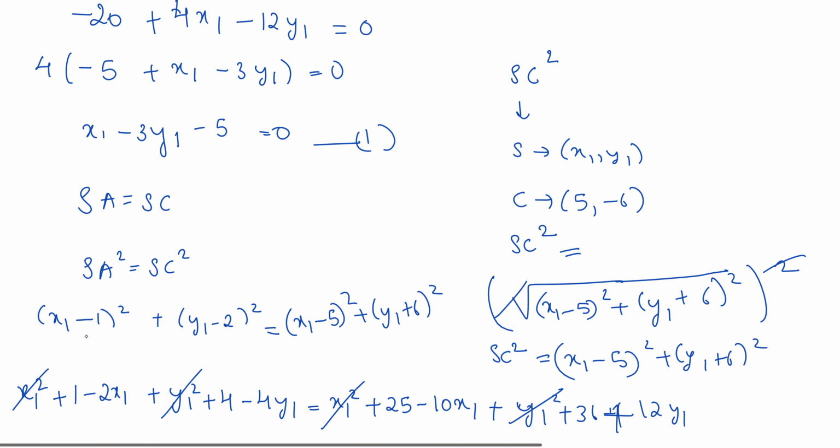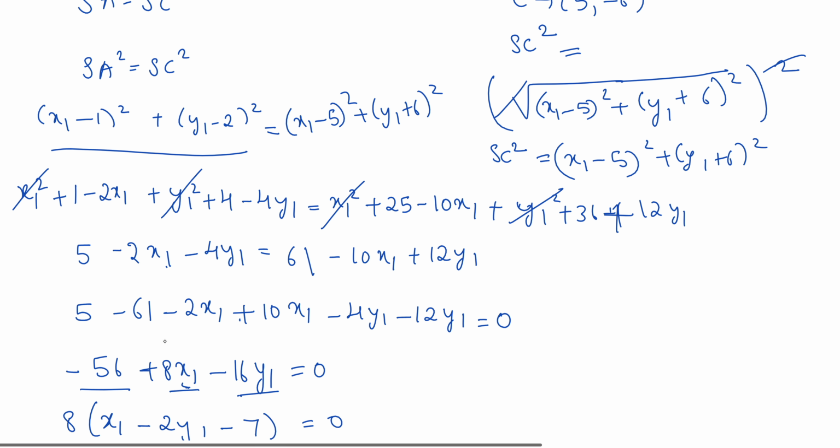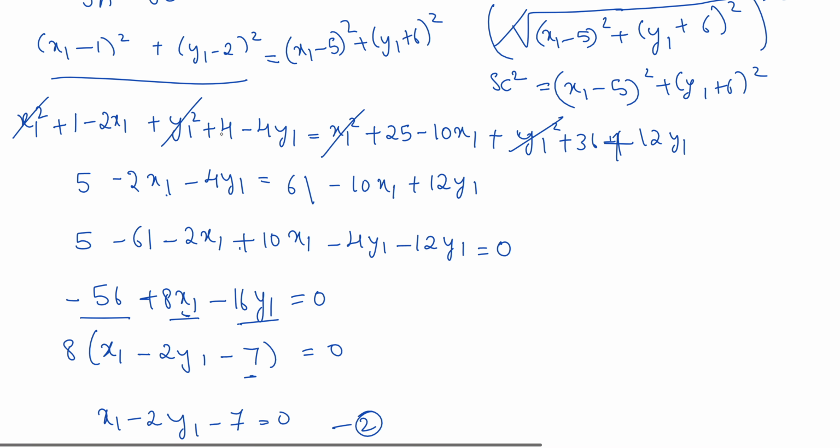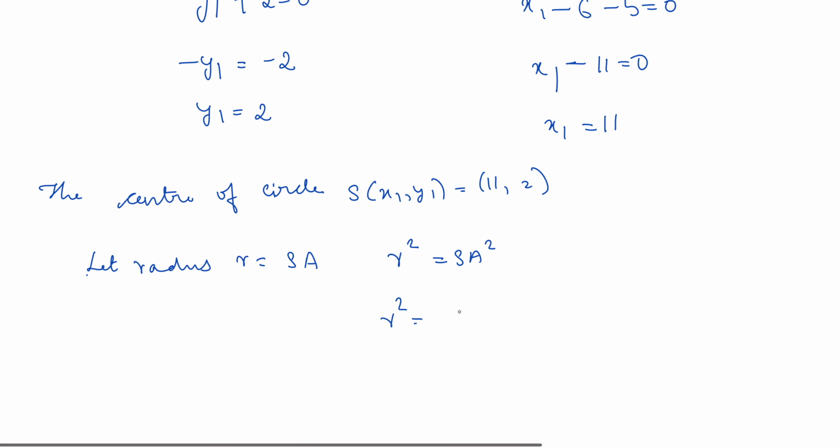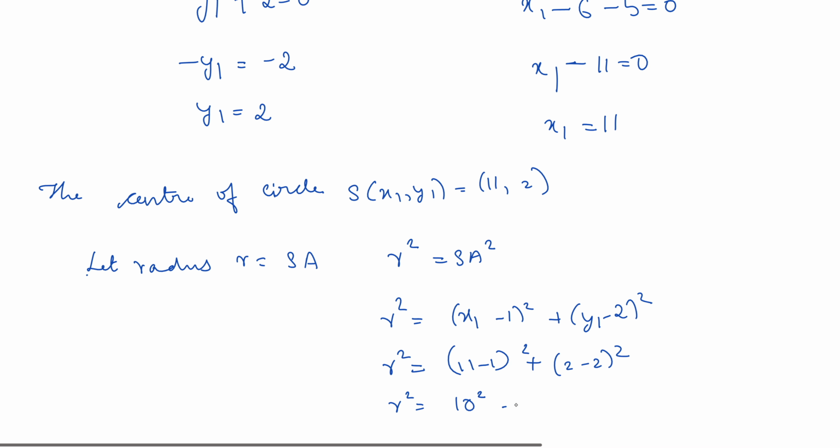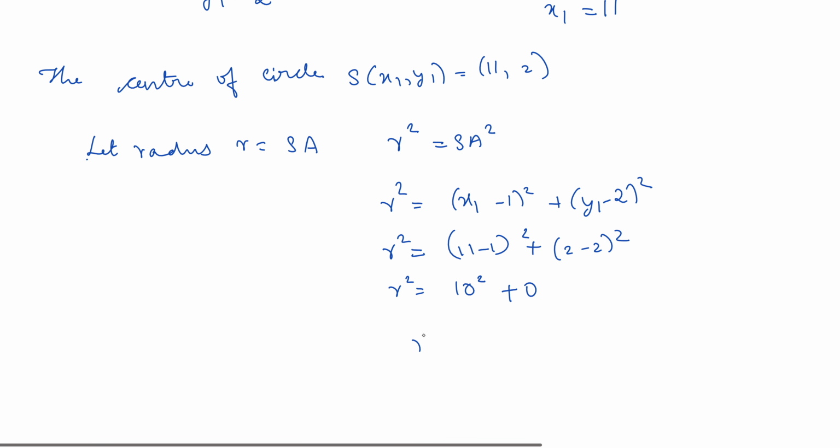SA square is (x1 minus 1) whole square plus (y1 minus 2) whole square. Now R square is equal to (11 minus 1) whole square plus (2 minus 2) whole square. So R square is equal to 11 minus 1 is 10 square plus 0. So R square is equal to 100.